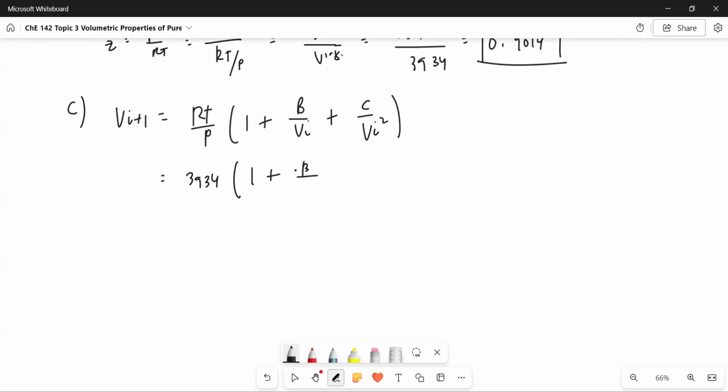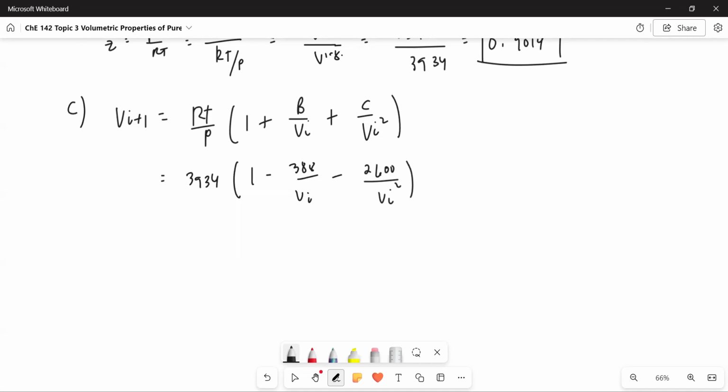Let me substitute that already into the equation. So this would become negative because B is negative. So that's negative 388 over Vi, plus, oh, C is also negative. So that's negative 26 over Vi squared. Okay. So now we iterate. Let me open an online calculator. Please hold on for a while.